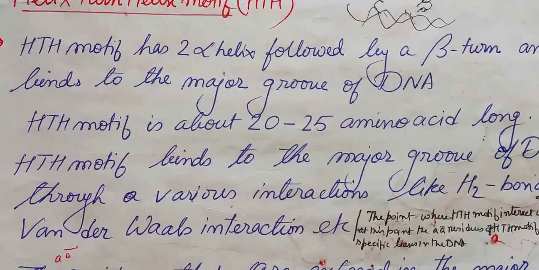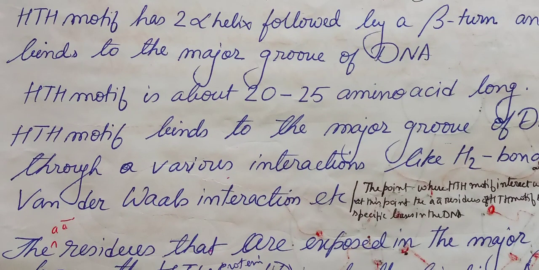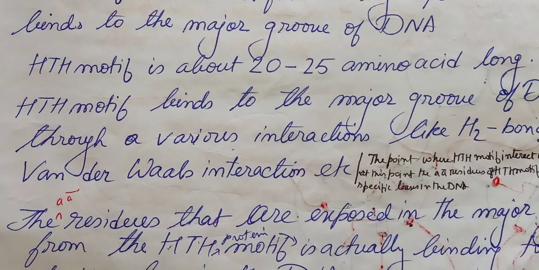Okay, come to the next point. The helix turn helix motif is about 20 to 25 amino acids long. Okay, this you will easily understand.